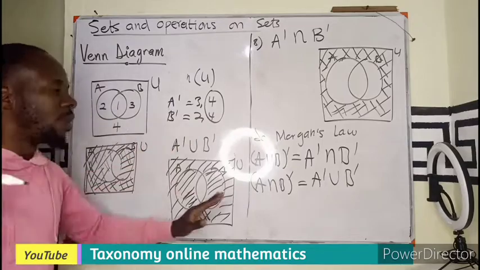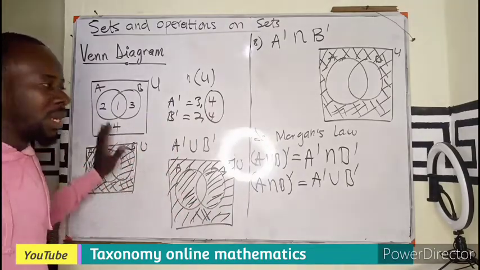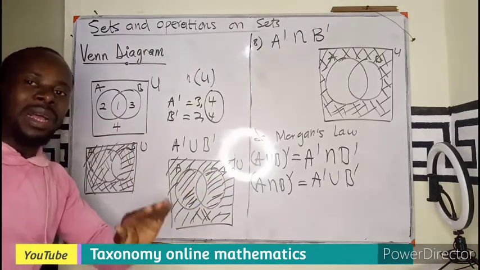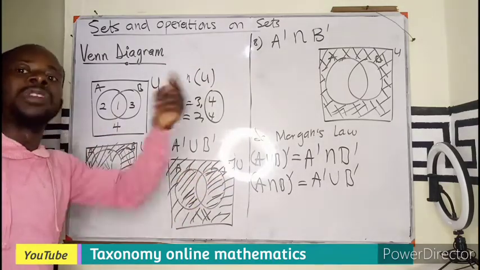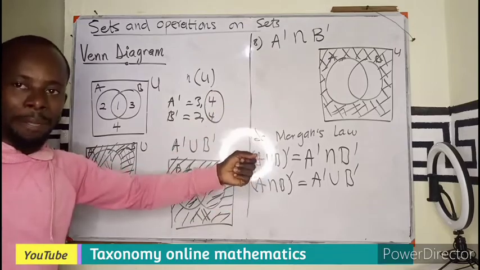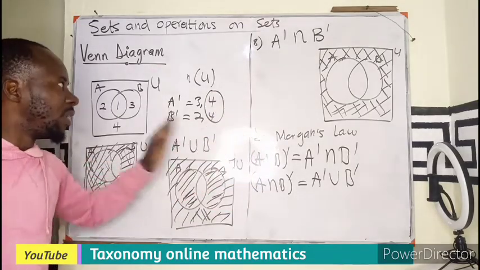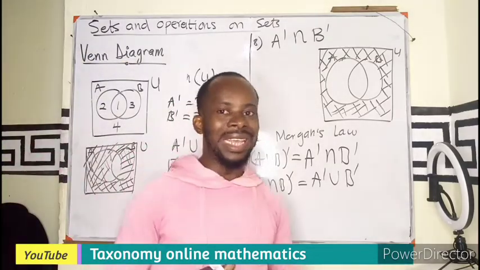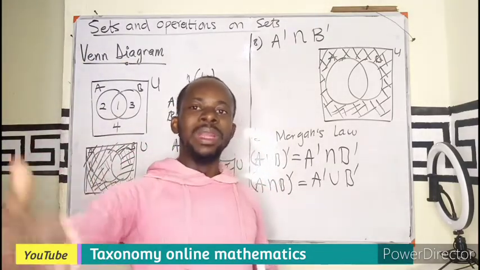So this is what basically we have under the regions of our 2 set problem, or 2 subsets, in the Venn diagram. This will also be used in solving questions where the set will be listed.